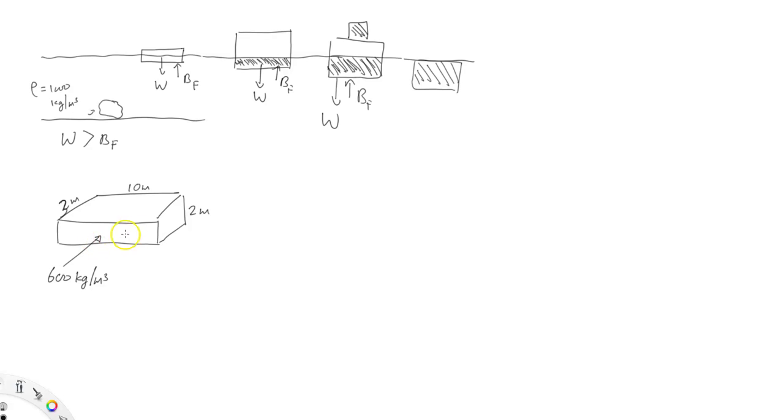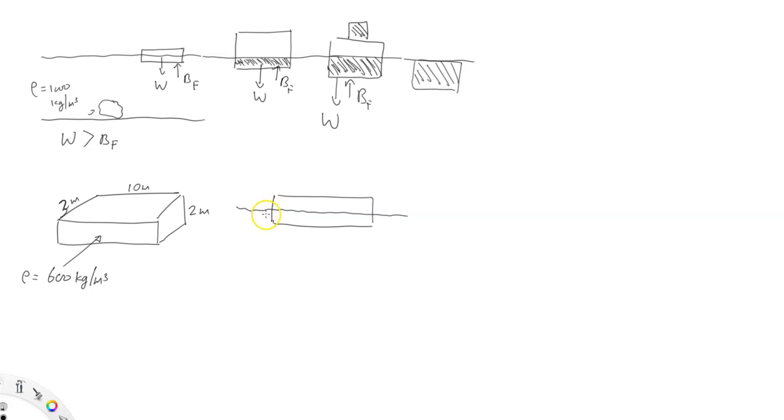If you just draw one side, it's going to look like this. This is that 2 meter side, and here's the water level. It's floating. You can safely assume that since the density is 600, which is less than the density of water, it will be floating.